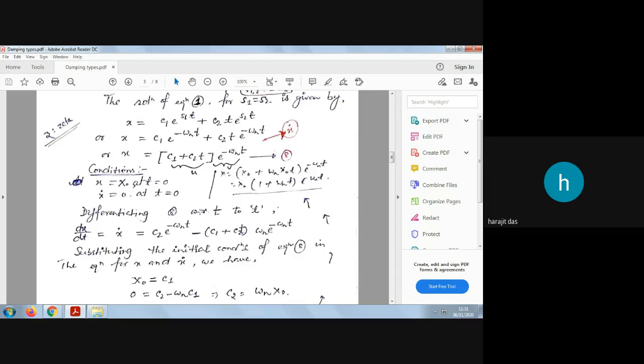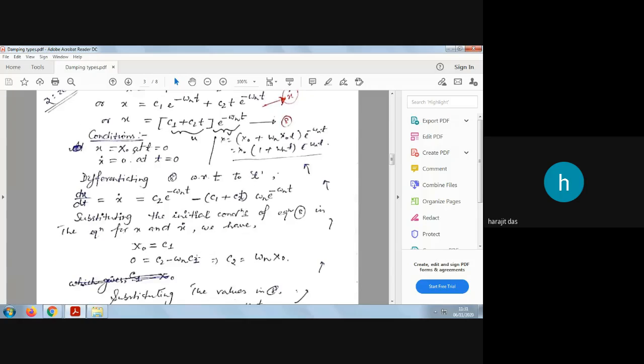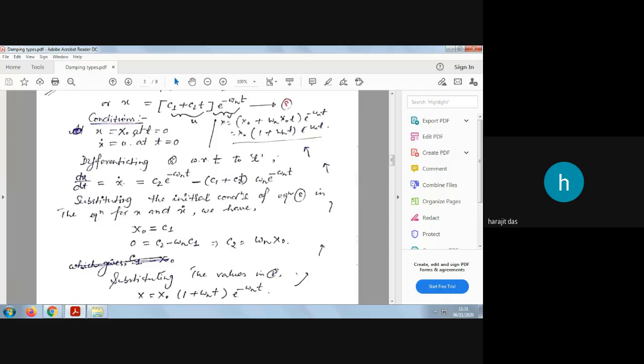When we put this in the displacement expression, instead of x we write x naught, and because t is 0, e to the power 0 will be 1, and this term will vanish because it is 0, so x naught equals c1. From the velocity expression, at t equals 0, x dot equals 0, so we put 0 here. e to the power 0 will be 1, so we write c2 minus, and here this term will vanish.